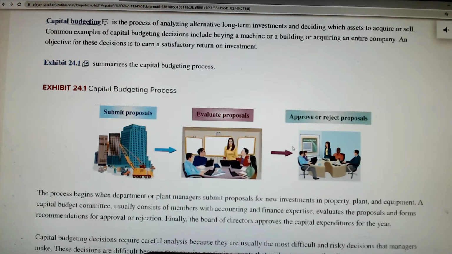The process, of course, is that different people may submit proposals, or we will submit a proposal, but the person making the decision will have alternatives as to what to invest in. We're going to need to figure out how to evaluate those proposals, and that's what this chapter is about. And then based on those evaluations, we're going to choose one, and we're going to maybe approve one or reject it, as the case may be.